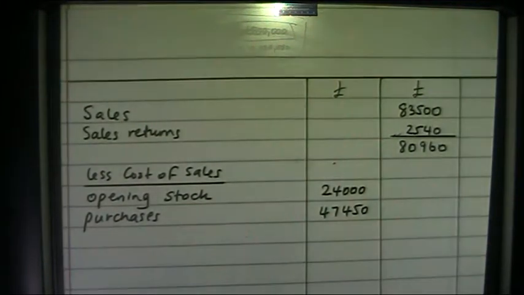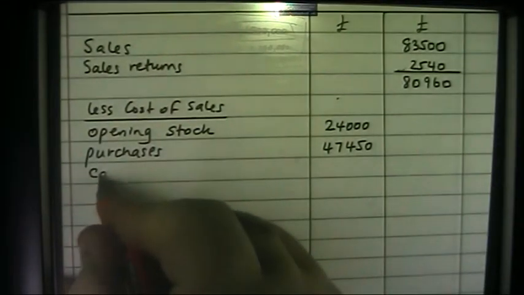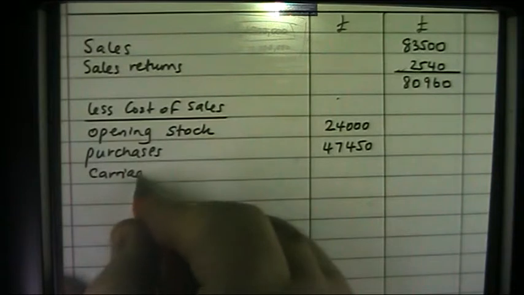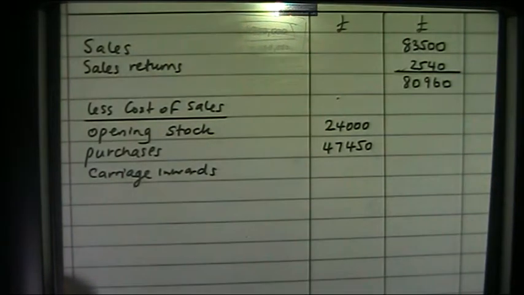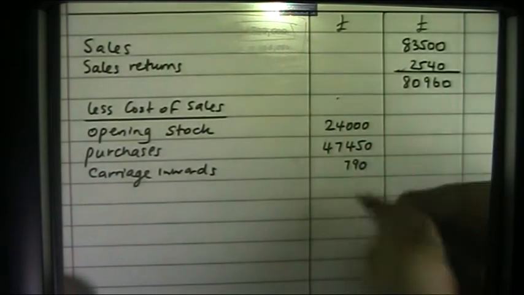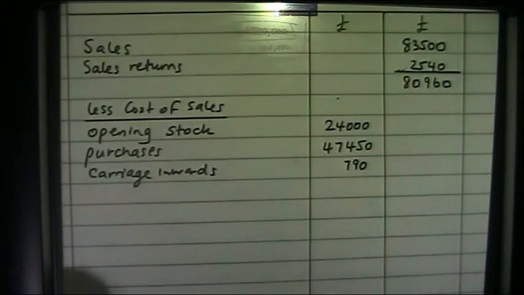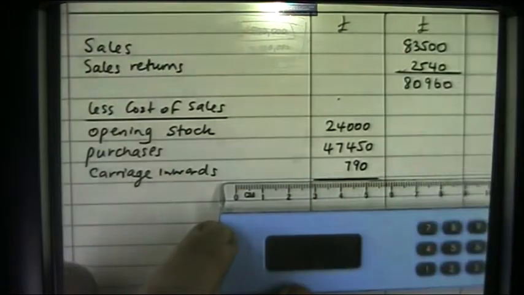Now we also need to add on our carriage inwards. These are the 3 items that we will often have here. In the question, our carriage inwards was 790. Don't forget to cross it off your list. Then what you've got to do is add those 3 up.